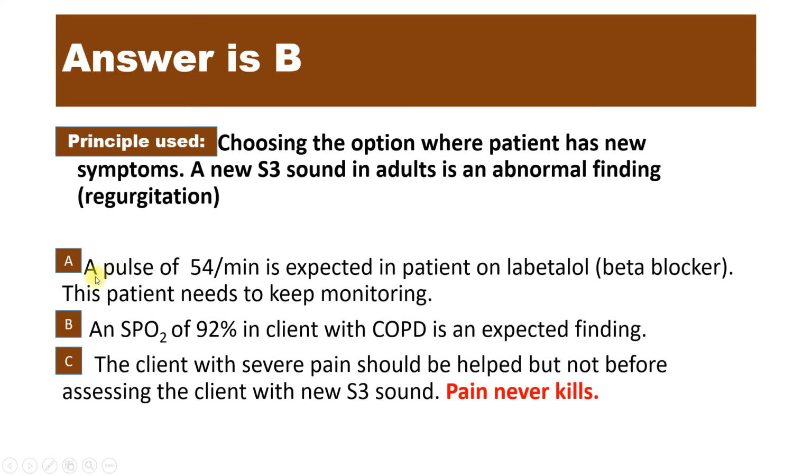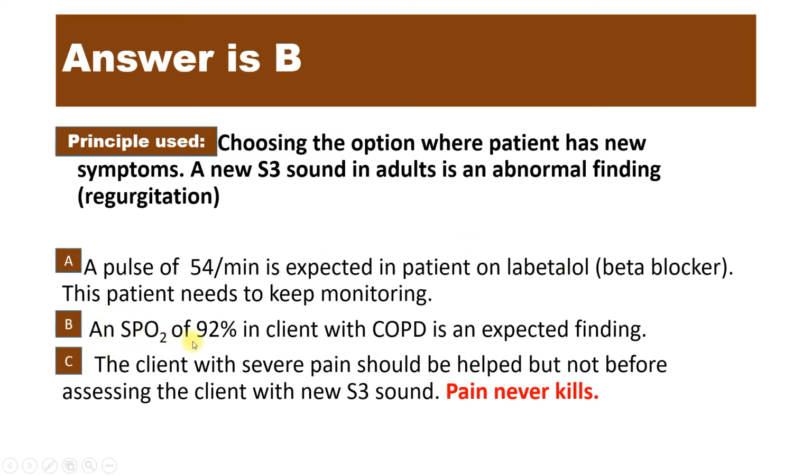Like in option A, a pulse of 54 per minute is expected for a patient who is on labetalol, which is a beta blocker. Remember, beta blockers, like the name suggests, block the beta receptors, the receptors for sympathetic action, so that will lead to a lowered pulse rate that is expected in a patient on labetalol.